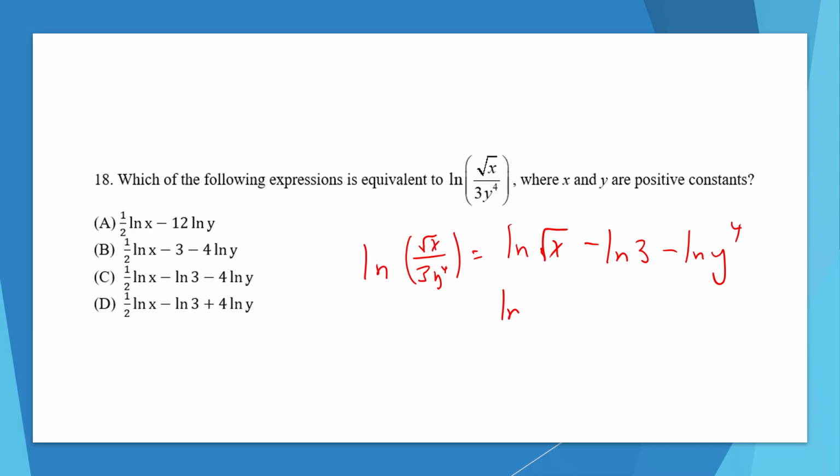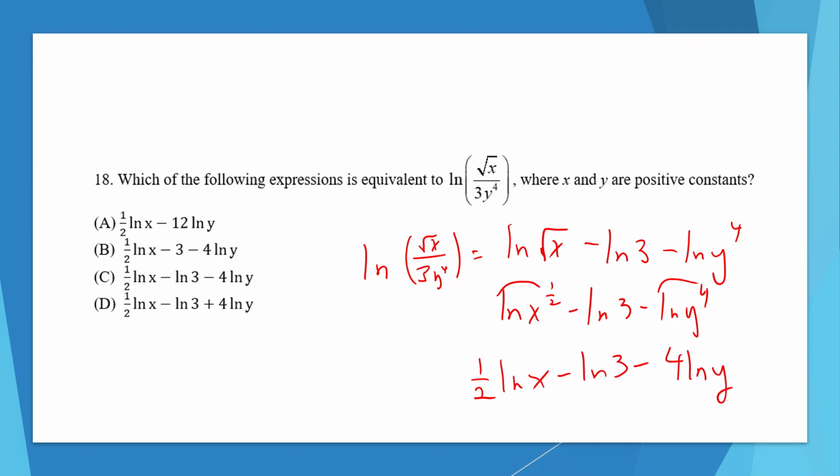So this is going to be ln x to the 1/2 minus ln 3 minus ln y to the fourth. Moving those out front, you should get 1/2 ln x minus ln 3 minus 4 ln y. Taking a look here, that should match up with answer choice C, so C should be our answer there.